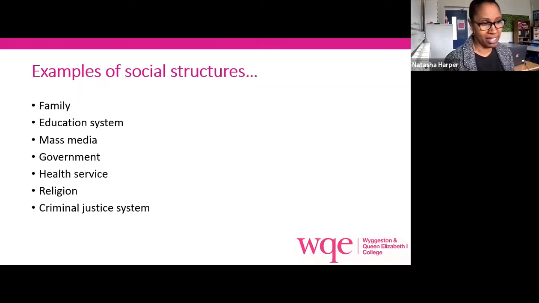I think the government then would be maybe the brain of society. So the government's the thing that imposes rules. They're the ones that make the laws. They're the ones that largely look after you from cradle to the grave in terms of the benefit system, for example. So I think the government have quite a big hand in maintaining society.